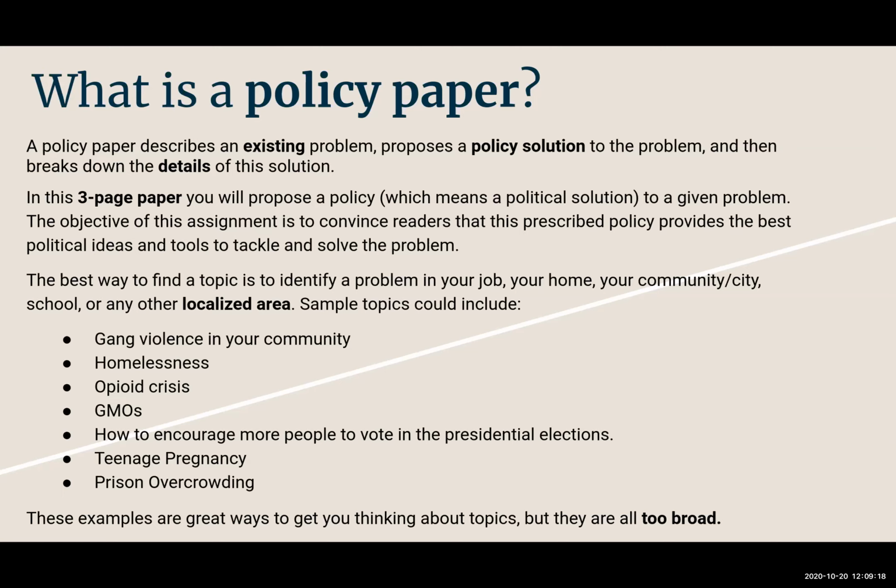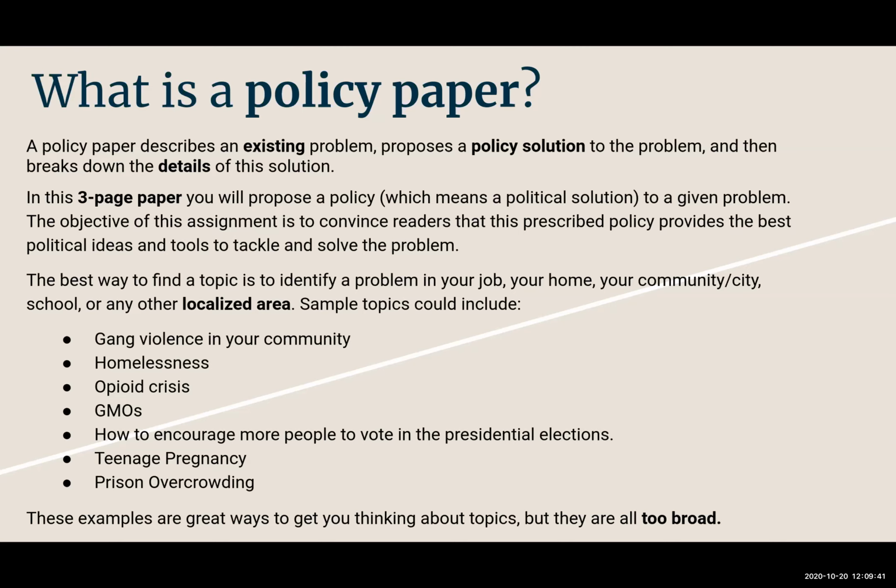And then secondly, the objective is to convince readers that your policy is the best political idea. So in any given problem in society, there are going to be multiple, sometimes even hundreds of different solutions to a problem. A lot of issues are very layered and complex and nuanced, and they hit all sorts of different aspects of society.